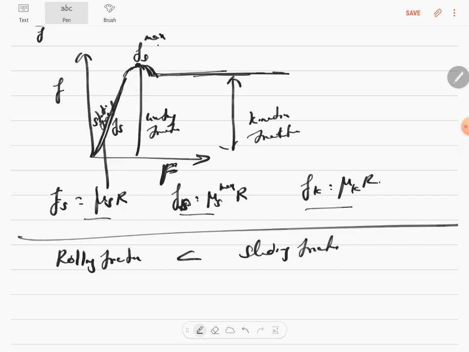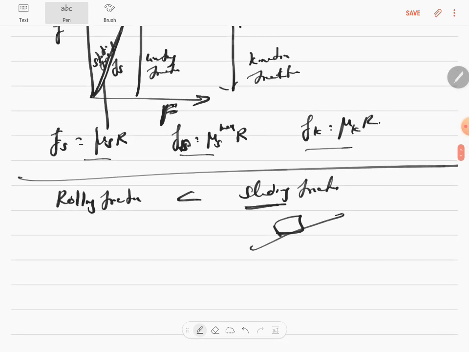By the simple fact that in sliding, the body slides over another body, there is relative motion at every instant, and the area in contact is large. In rolling friction, the wheel rolls and continuously detaches itself from the surface of contact. So the area of contact is minimal, and also there is no relative motion, because it is continuously detaching itself.